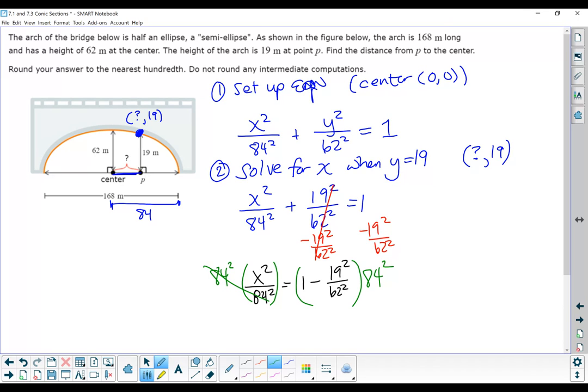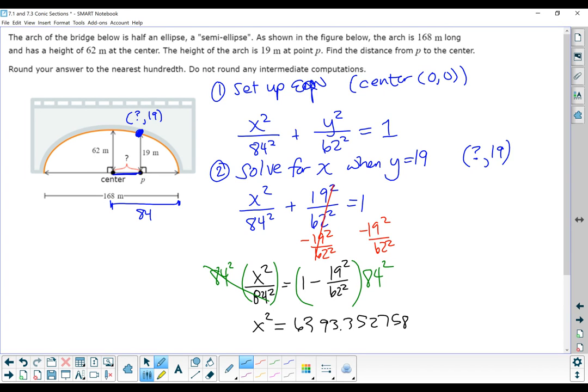We'll throw that into the calculator. And don't forget, when you get your answer to this little calculation, you're not finished. That tells you that x squared is equal to 6,393.3527.